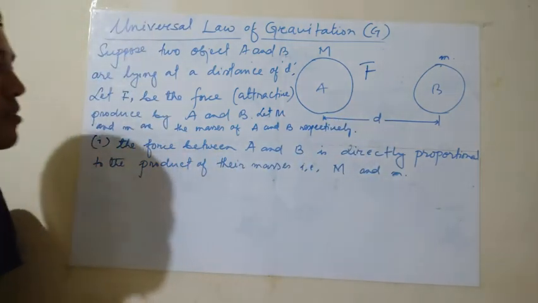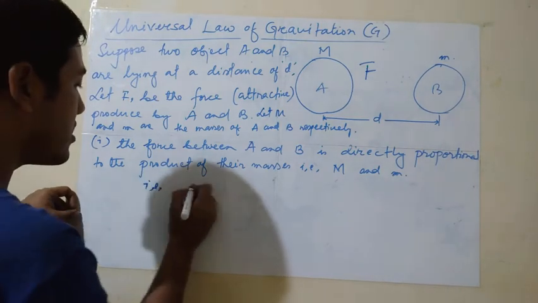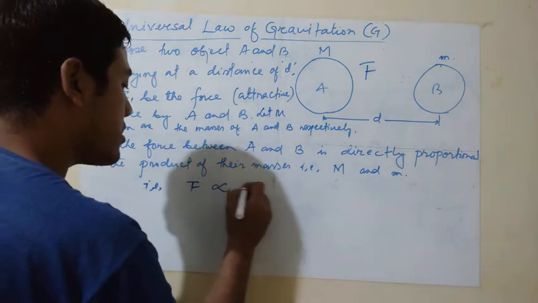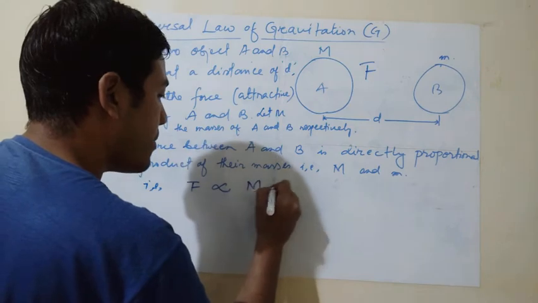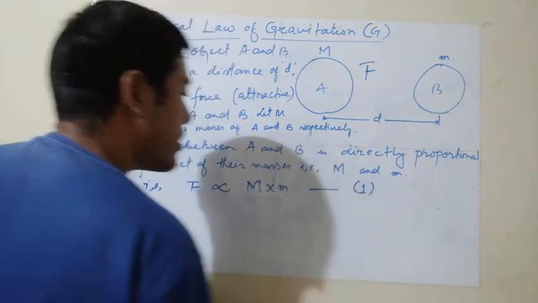Now write M and m. That is, F is directly proportional to M into m. You can write this as one equation.